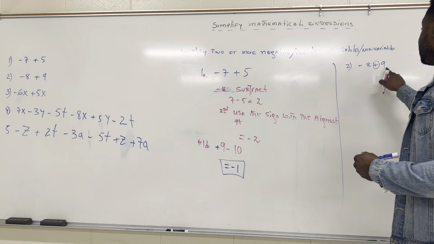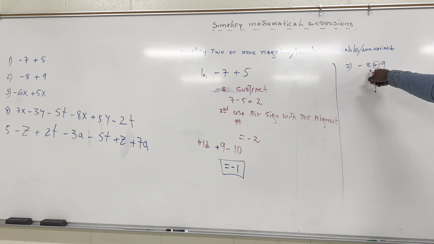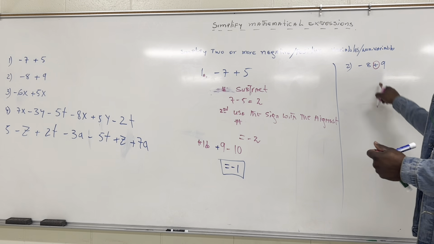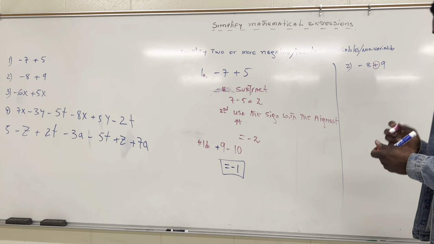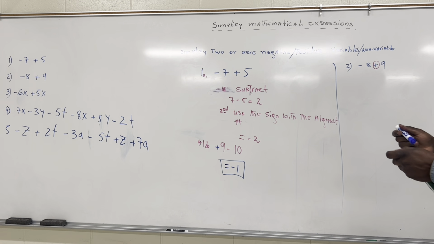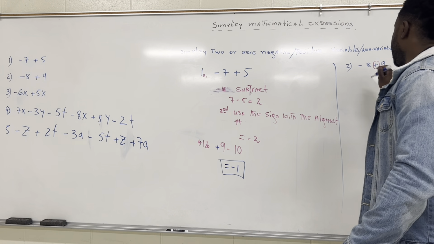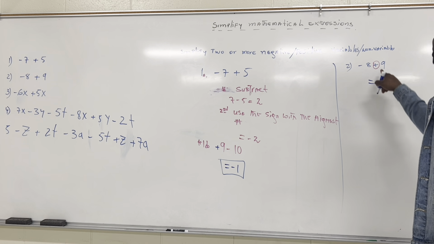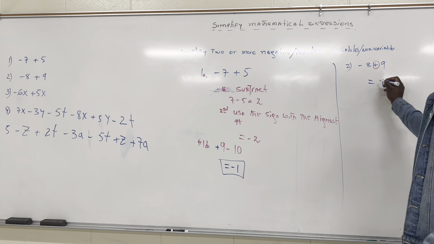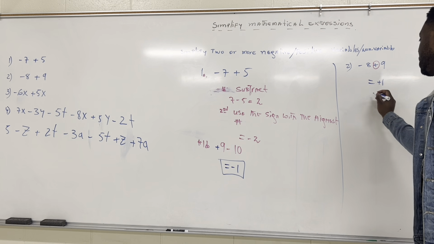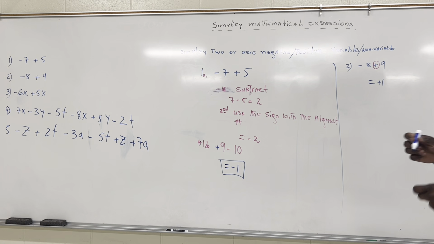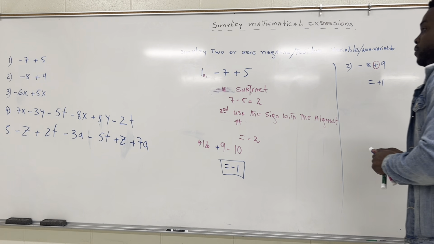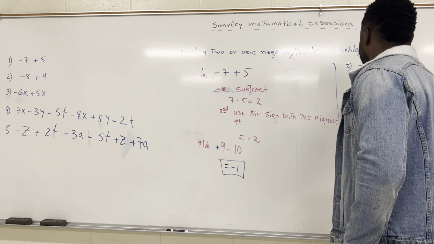You notice that 9 is greater than 8, so we say that the positive is the one that's leading. And then we have to subtract first. So we're subtracting. We say 9 minus 8 will give us 1. And the sign with the highest number here is positive. So the answer is +1. You don't have to put the +1, you can just keep the 1. It doesn't matter.